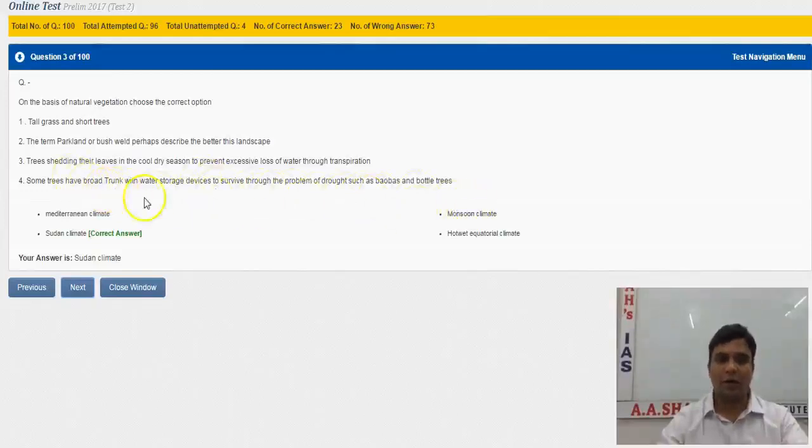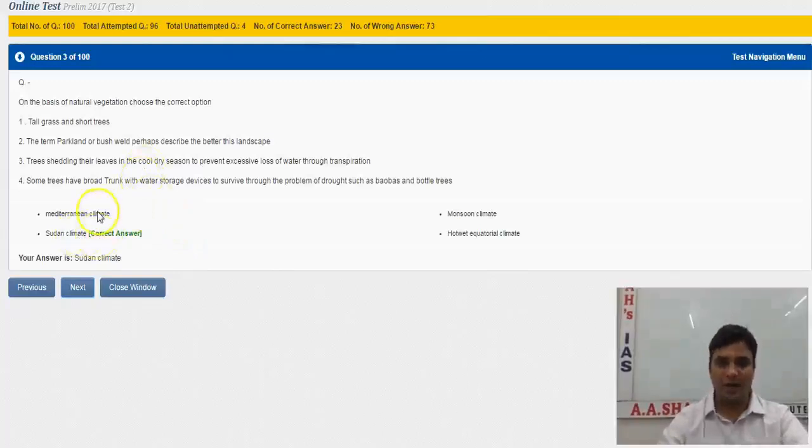Again, they are talking about broad trunks and water storage devices. Obviously, it means that the precipitation in this area is very less. So you don't even have to go through option number 1 and 2 to get a correct answer to this. I would say that option 3 and option 4 are giving you enough fodder to arrive at Sudan climate as the right answer.